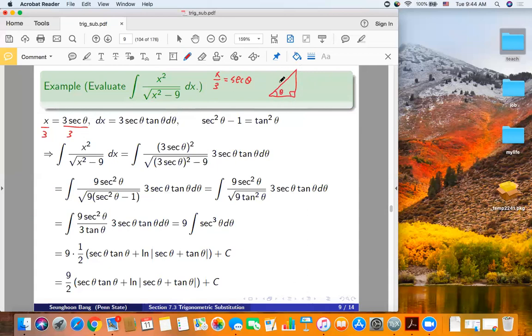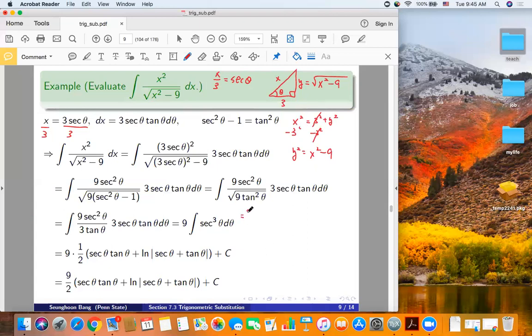Secant theta is hypotenuse over adjacent, and you can find the opposite by using the Pythagorean theorem. So we have x squared equals 3 squared plus y squared. Subtract 3 squared from both sides, so y squared equals x squared minus 9. Take the square root: the square root of x squared minus 9.